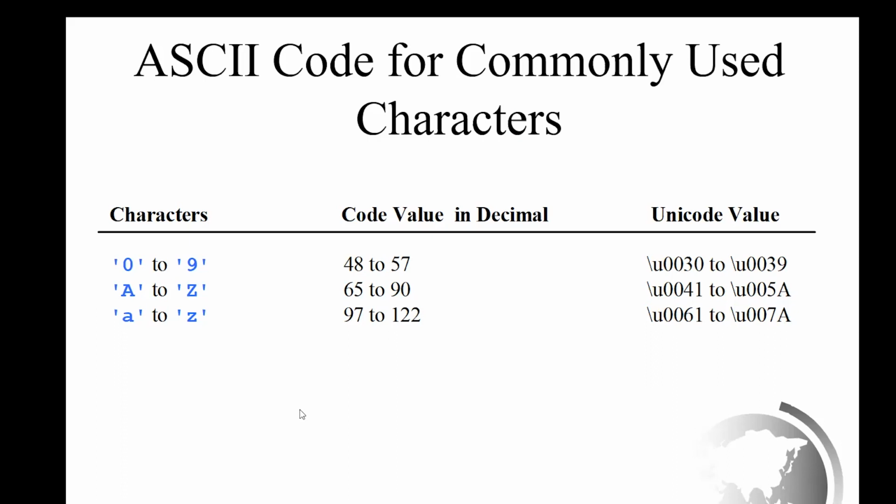Instead of memorizing and knowing all of these details, this will help you a lot in the future, guys. Small numbers, just memorize them, will help you a lot to solve problems. So the characters from 0 to 9 have the ASCII code from 48 to 57.